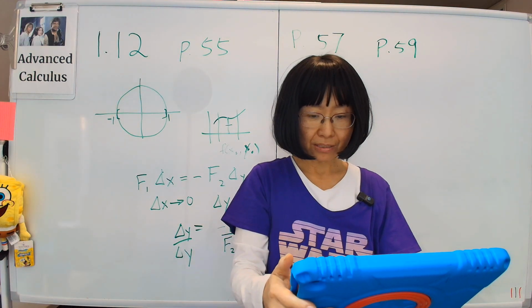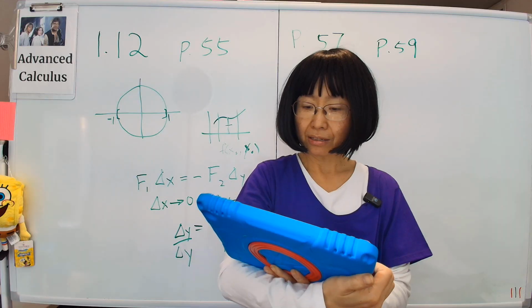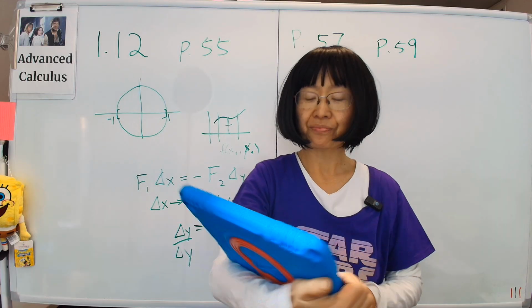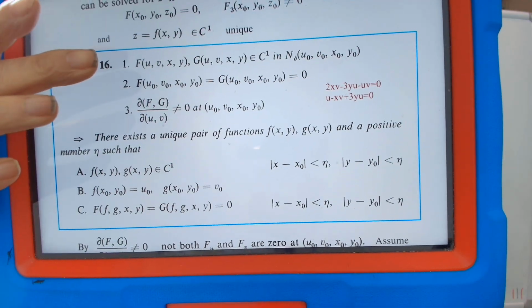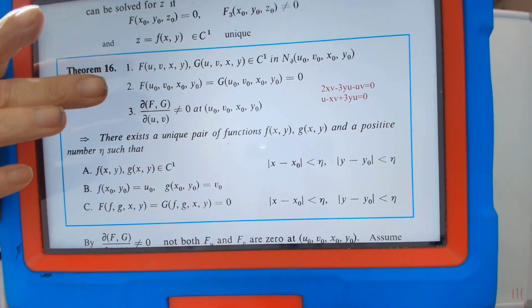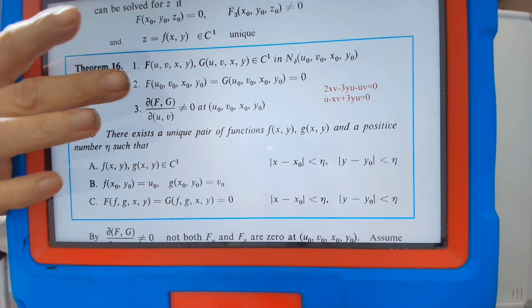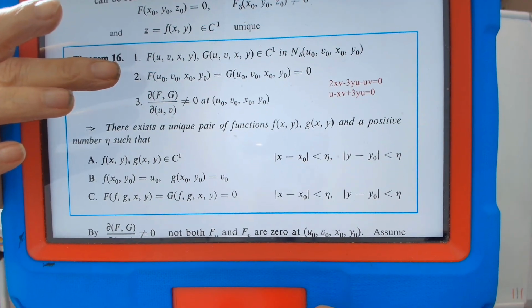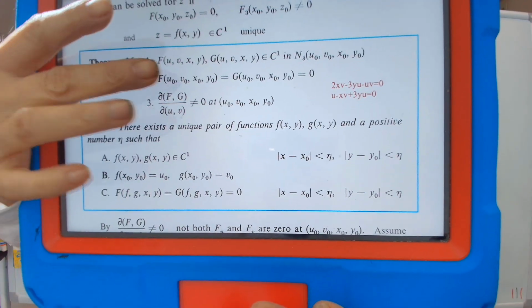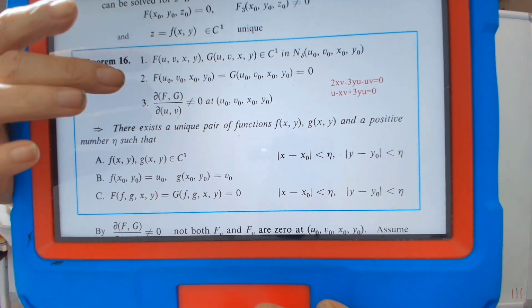Now first, let's look at Theorem 16, which has a bunch of stuff. Theorem 16 states that we have a big F of 4 variables and a small f of 4 variables, all in C1 in that delta neighborhood that we mentioned, and then big F and big G are both 0.